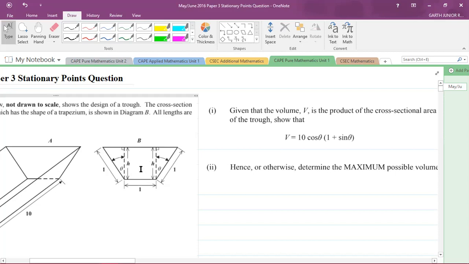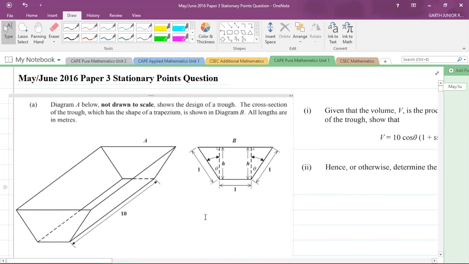If I want to find its area, I have to calculate the area of this right angle triangle, which is the same as the right angle triangle at the other end, and I also need to find the area of this rectangle here. Let's do that.